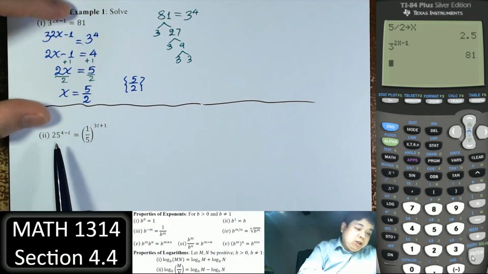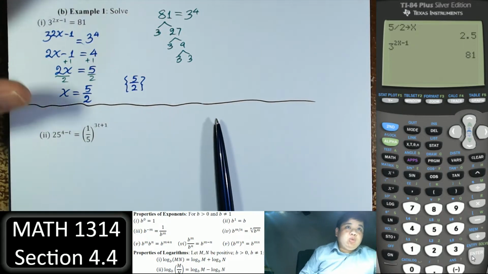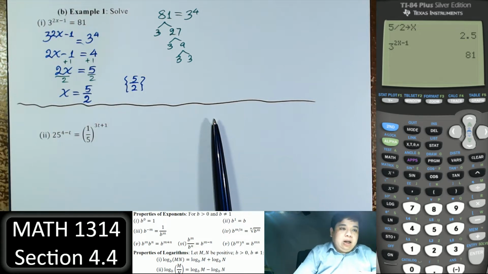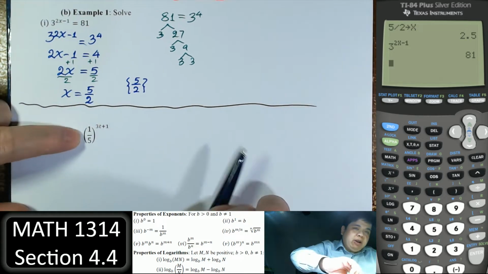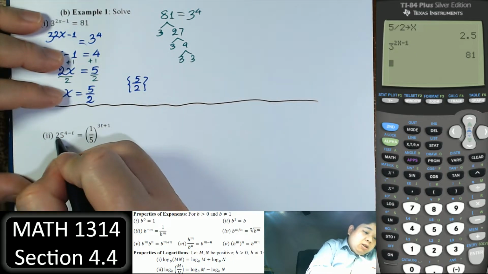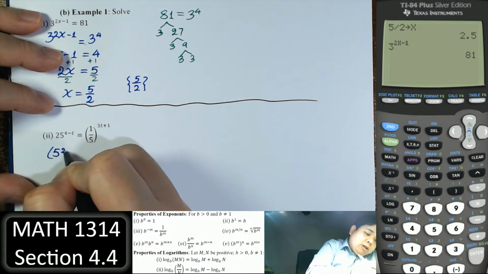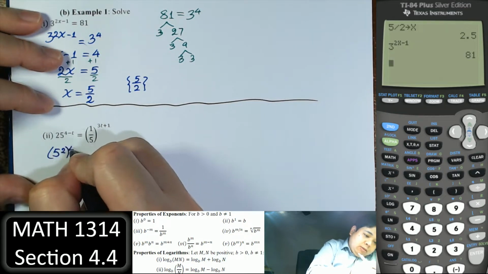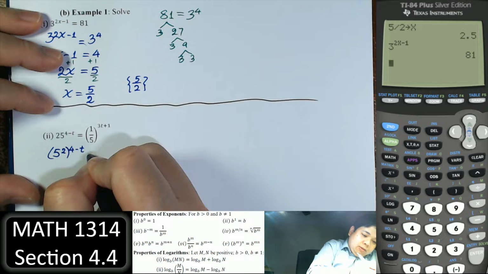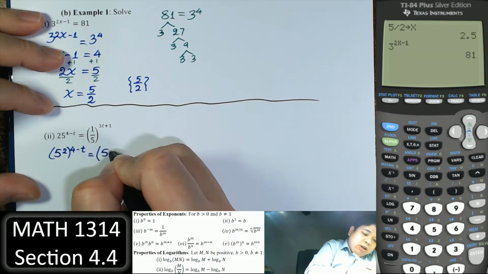Right, next we have 25 to the 4 minus t equals 1/5 to the 3t plus 1. So 25 and 1/5, it looks like the base is 5 in this case. 25 is 5 squared, and 1/5 I write as 5 to the negative 1.